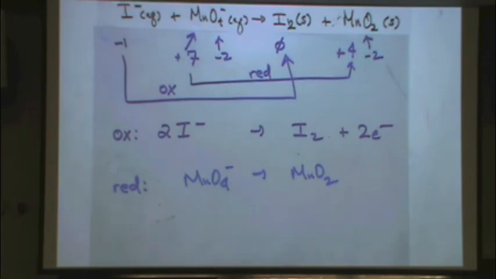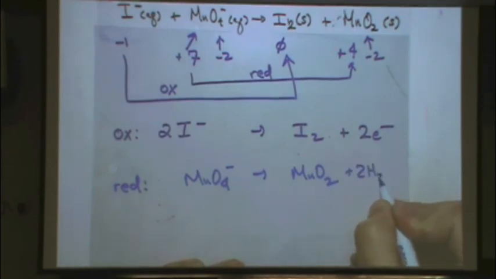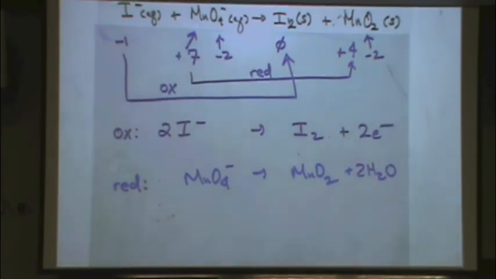Okay, reduction now. Step 1, balance whatever's not oxygen or hydrogen, that's manganese, and there's 1 on each side. That's good. Step 2, balance the oxygen. There's 4 on the left, there's 2 on the right, so I'm going to add 2 waters to the right-hand side. So now there's a total of 4 oxygens on each side. Step 3, balance the hydrogen with H+.